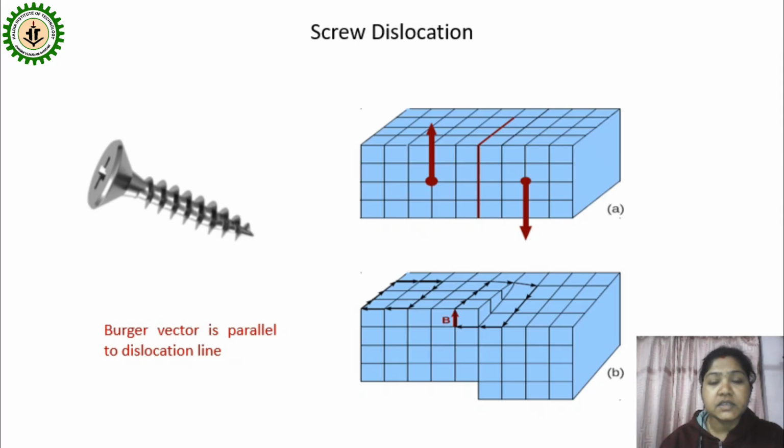Now another one is screw dislocation. Screw dislocation is nothing but, if there is a perfect crystal and you press one plane towards the bottom, what will happen? The right hand side plane goes down one lattice parameter. So there will be a continuous structure.